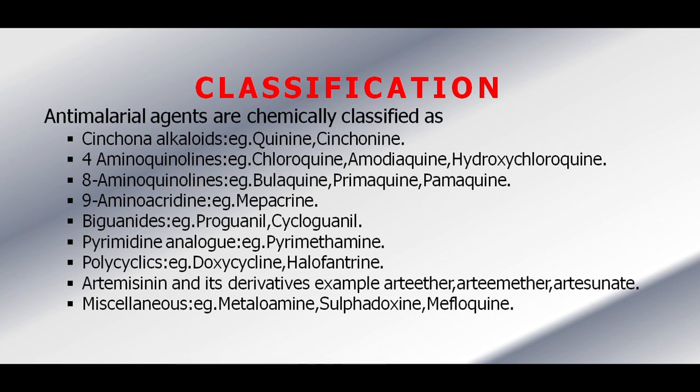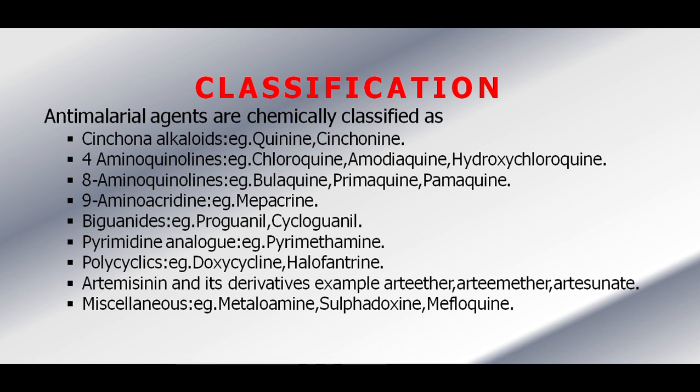Number 4, we have 9-aminoacridine. Example, mepacrine. Number 5, we have biguanides. Examples, proguanil, cycloguanil. Then 6, we have pyrimidine analogs. A good example is pyrimethamine. Then 7th, we have polycyclics.